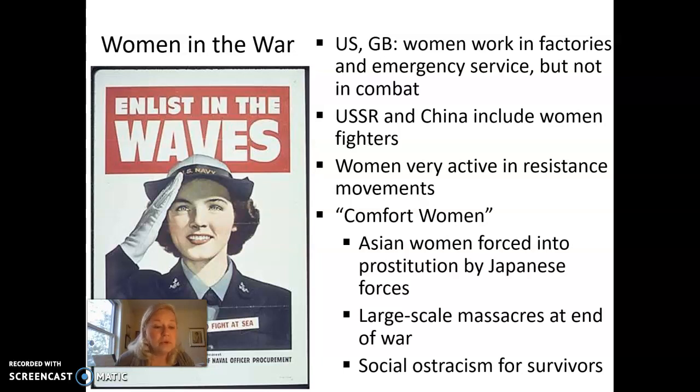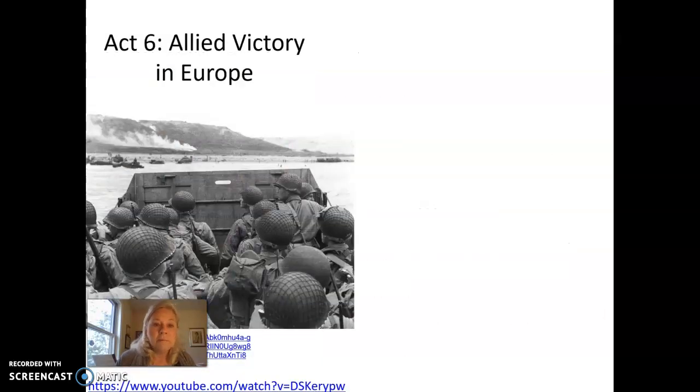And then there was some social ostracism for survivors, especially those who were with the Axis, social ostracism against the German people and others who helped the Axis powers.